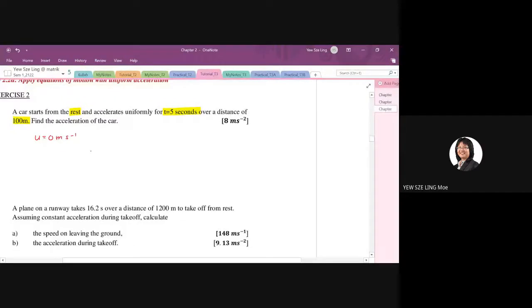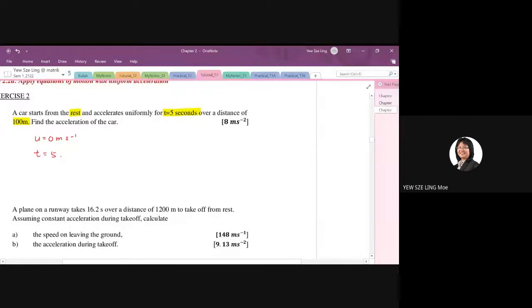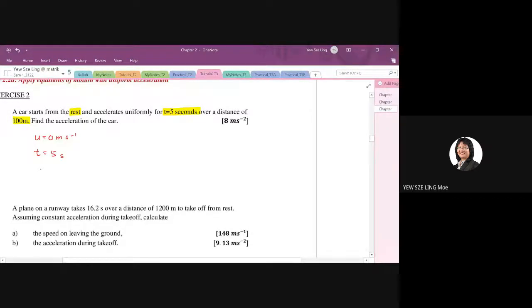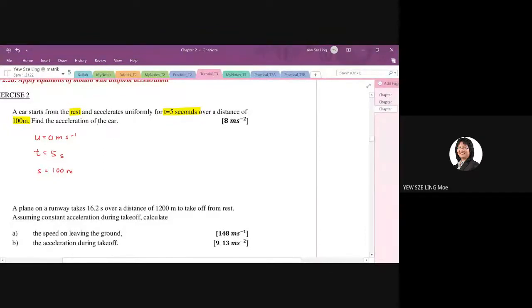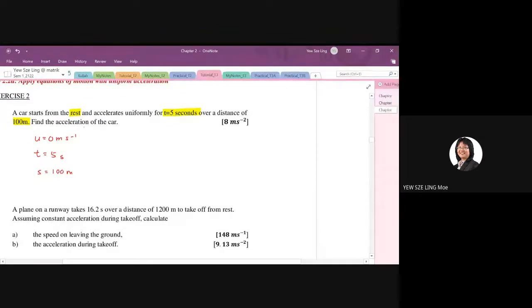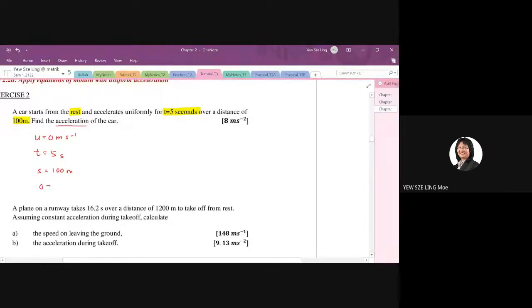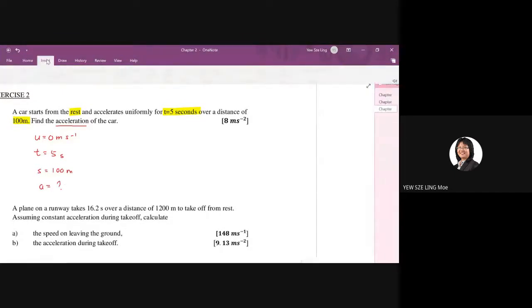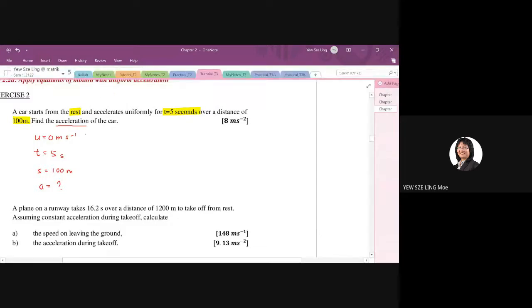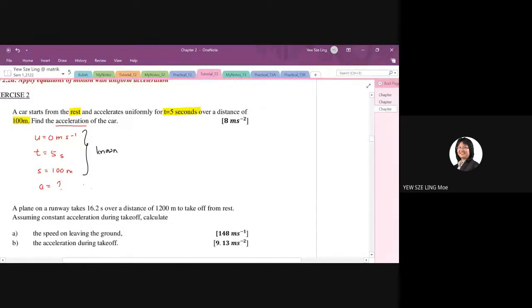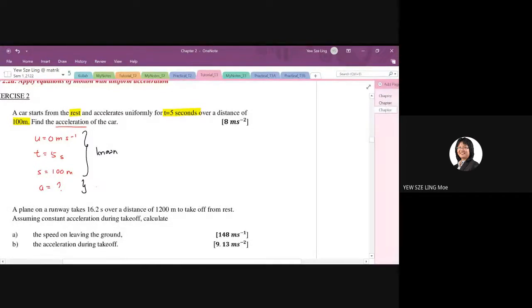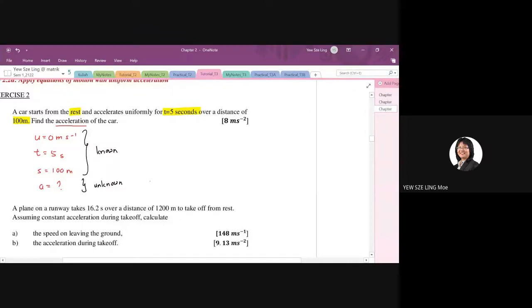Given time, 5 seconds, and then distance s equals 100 meters. And then the question asks you to find what? Find acceleration. So a is our unknown. Every time you have 3 known variables and one unknown, it means you can apply the equations of linear motion.